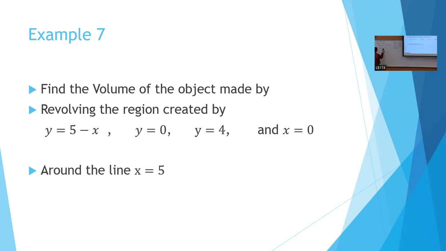I want you to try this one on your own. This one's one of the tougher ones. So y equals 5 minus x, y equals 0, y equals 4, and x equals 0 gives me the region I'm looking for.